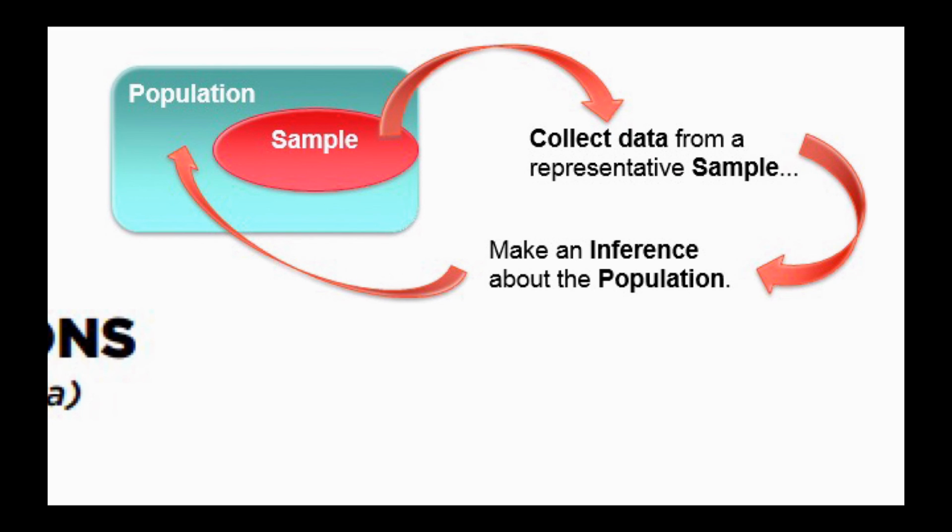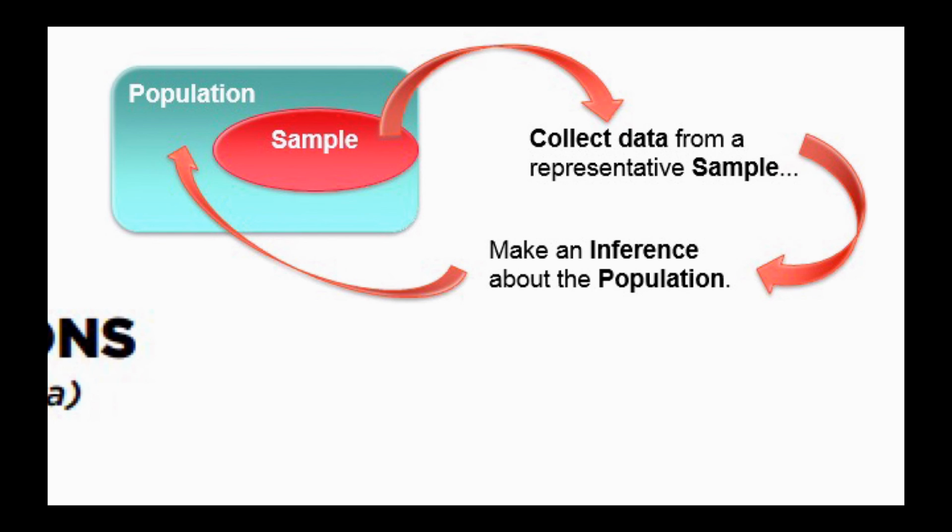So when you see the word population, you think big. It could be big. Population could be all males in the United States, all females in the United States, all residents of Fresno County, all students at Central High School. All of those are big numbers. Or population could be the students in room 87 during period 7.